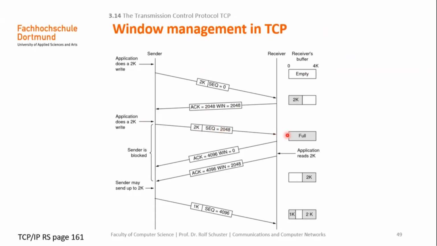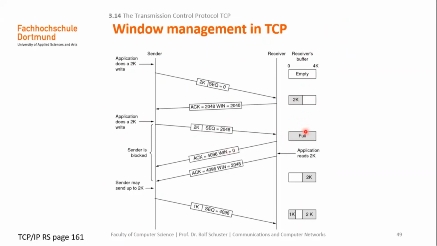Then the receiver side receives those 2K bytes and stores them in the correct position in the buffer. But if the application doesn't read this information, the receiver buffer is full.